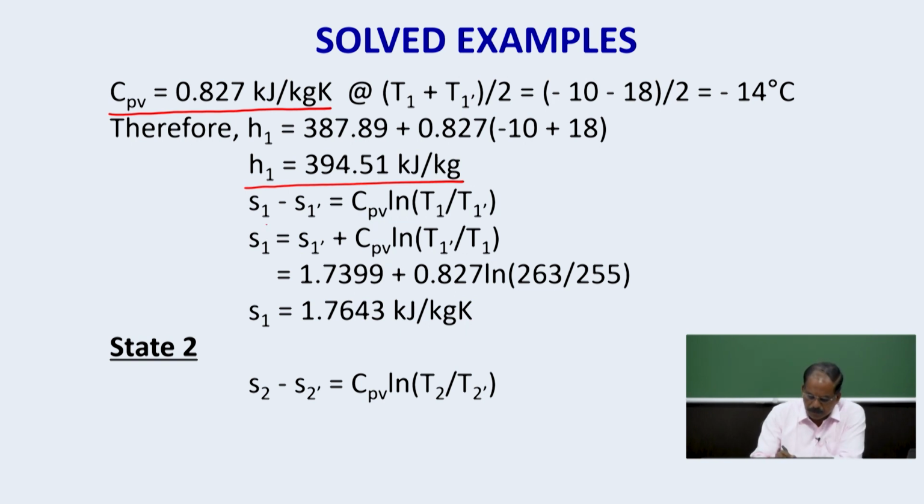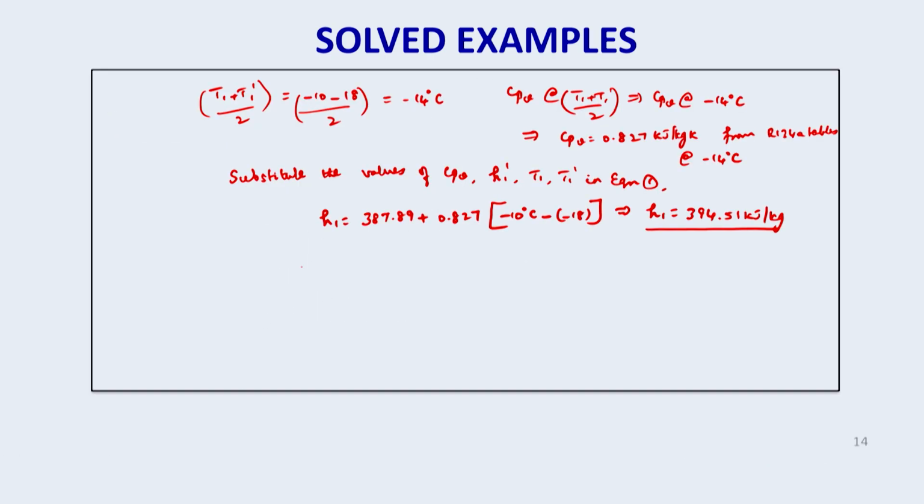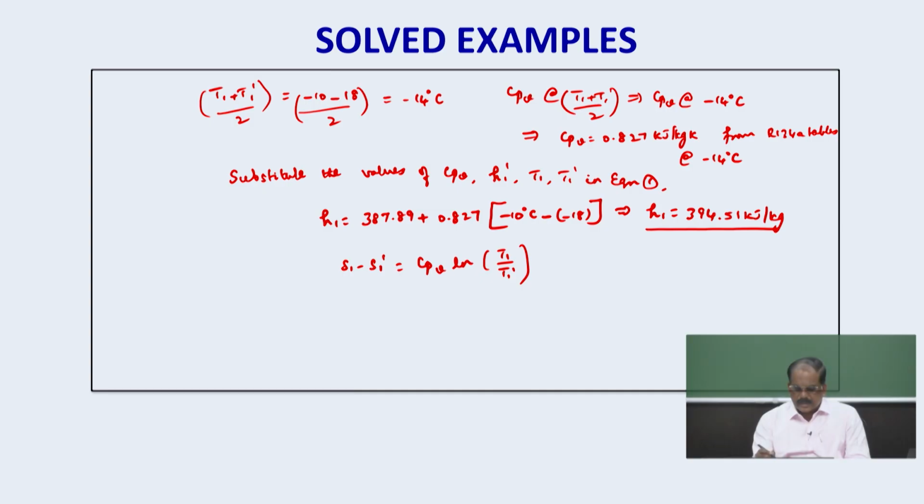So I will be using this formula: S1 minus S1 dash is equal to Cp of vapor into ln of T1 by T1 dash. In this, we can find out S1 dash.